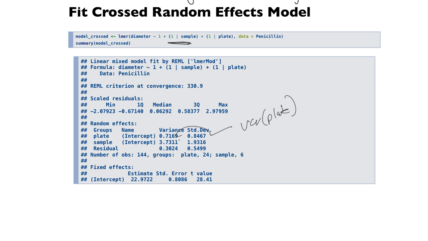You'd rather have no plate variability. You'd always get the same measurement, but there's variation in these biological experiments that's random and uncontrolled. And plate is a measure of that uncontrolled random stuff. So you prefer that the sample, which contains the biological variability, has the biggest source of variance. And you'd hope the plate and the residual have the least. And that's at least what you see. So you see most of the variability is biological.